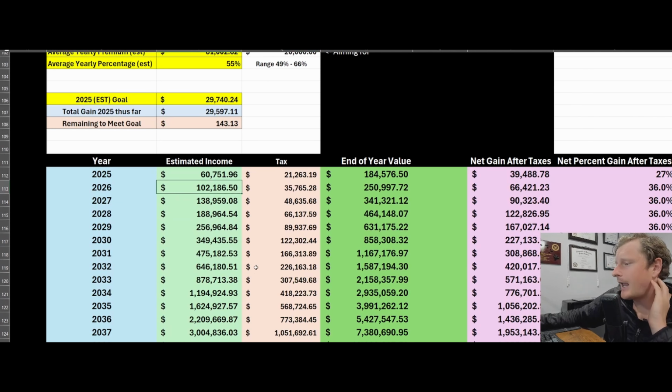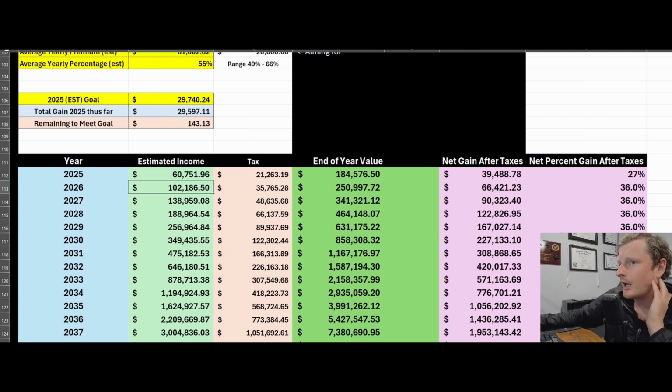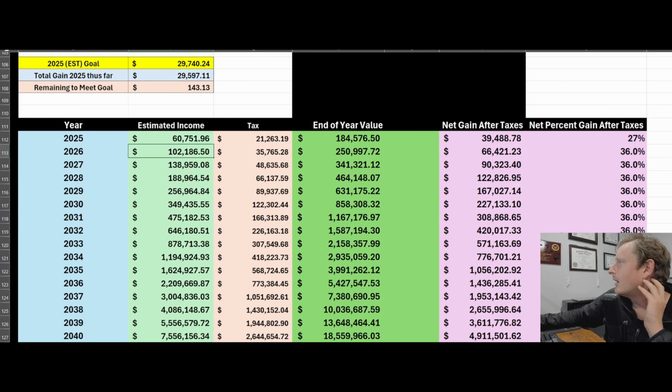Okay, so looking at this bottom section here, guys, I added a couple of sections. I added net gain after taxes and then net percent gain after taxes. So the way that these cells work, these are all estimates based off of my current trading performance.